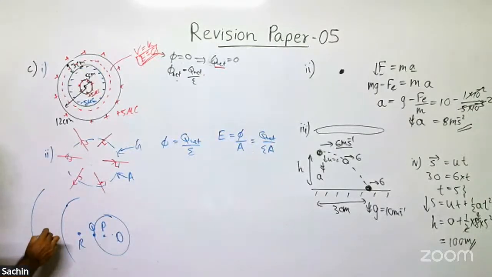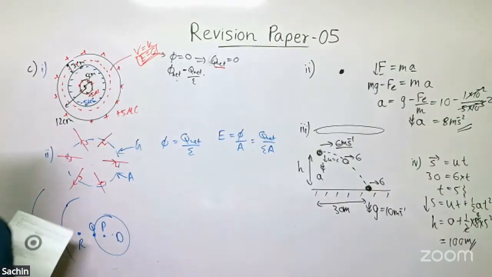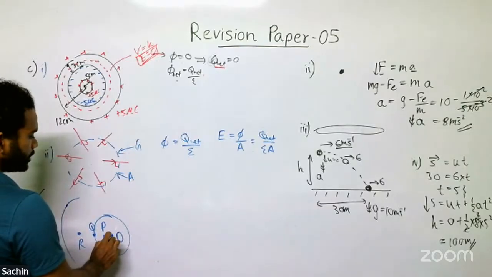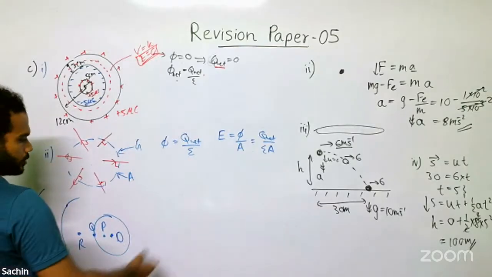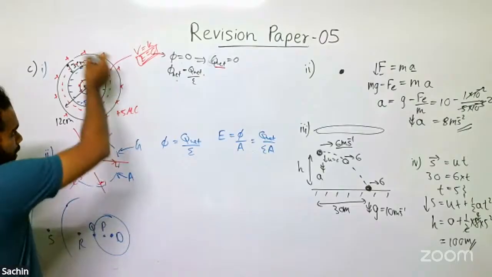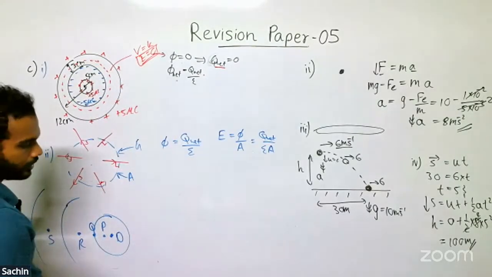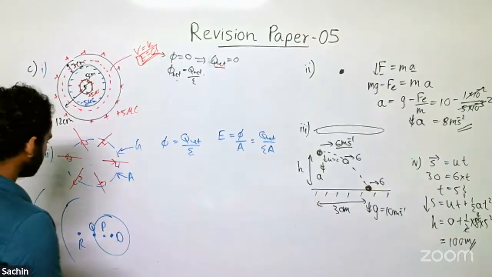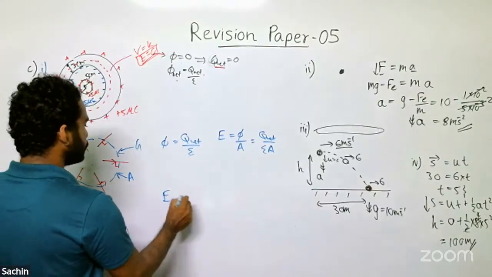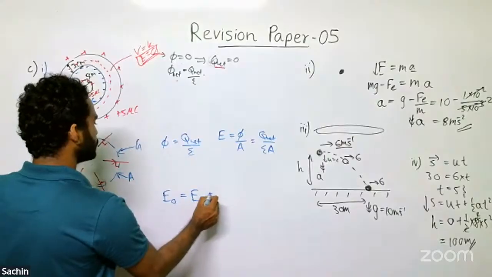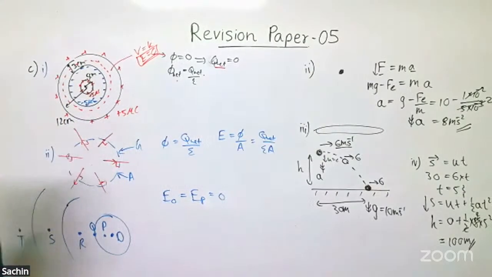So inside the shell, the point S is there, and T is something outside. Okay. Obviously, if you consider point O, this is inside the conducting shell, so you don't have to worry. All these charges get induced or arranged such that the electric field becomes 0 inside the conductor. So obviously, EO and EP should be 0. You don't have to think a bit about that.